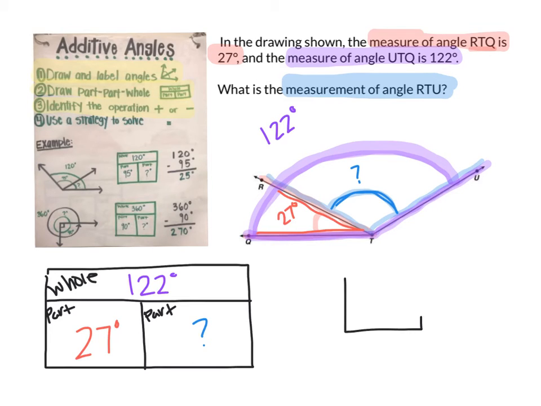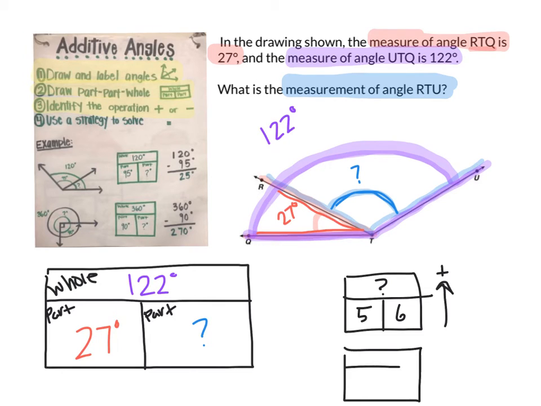For example, if you're given your 2 parts and you're missing your whole, we're going to add these 2 parts to solve for our whole.